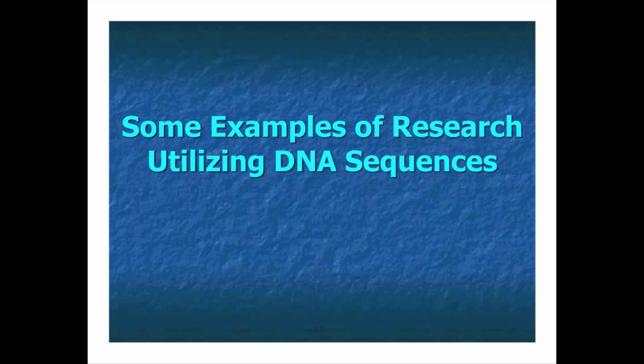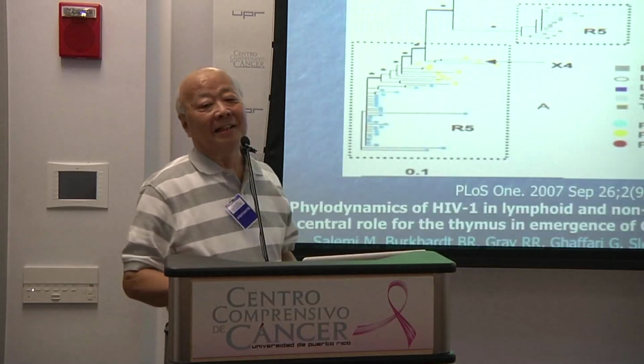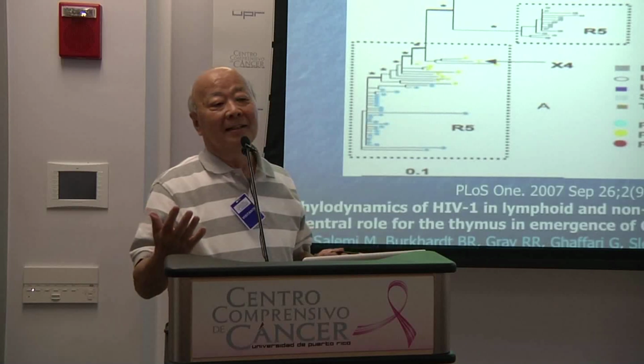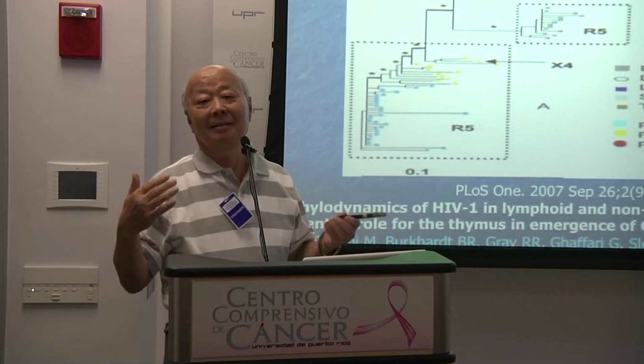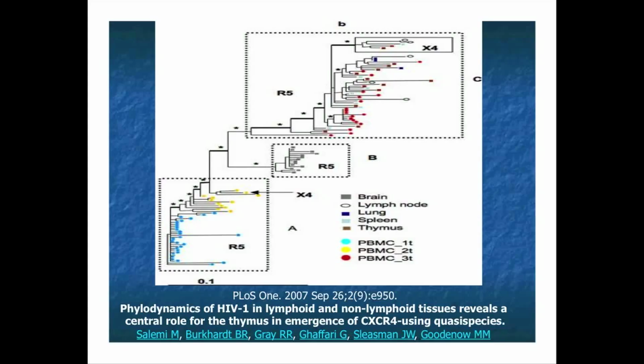So, as I said, sequencing is sequencing, but the question is what you can do with the sequences. This is not our data, but from the Tampa group's publication, looking at the migration of HIV in the patient over time.